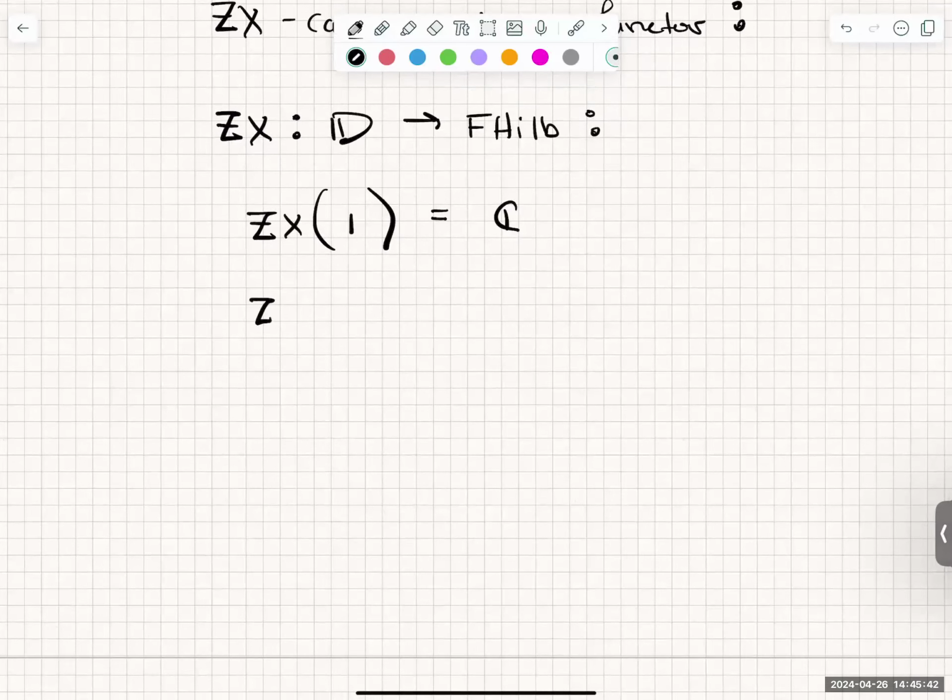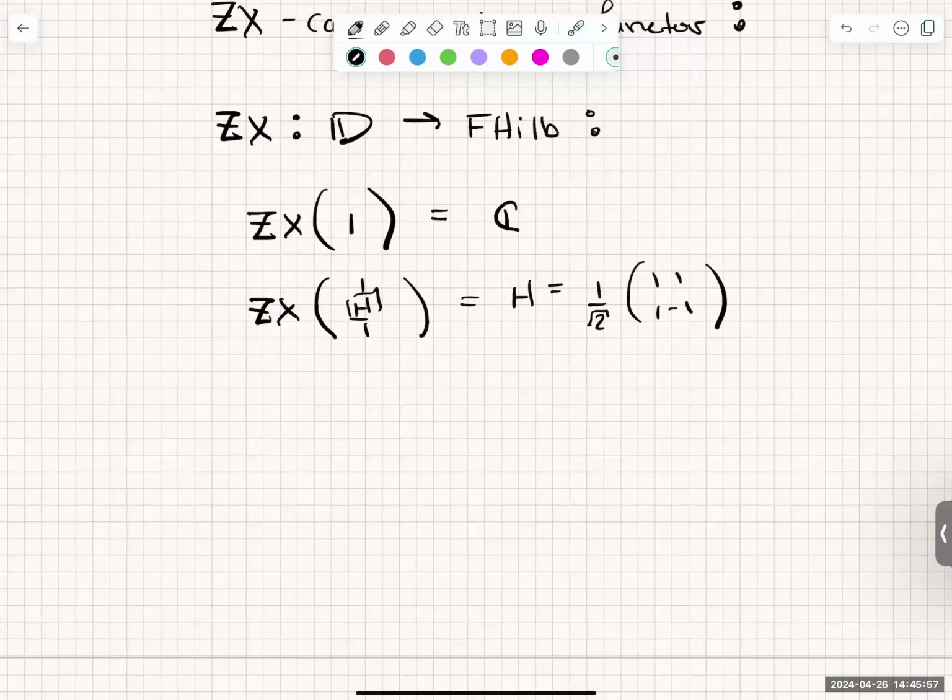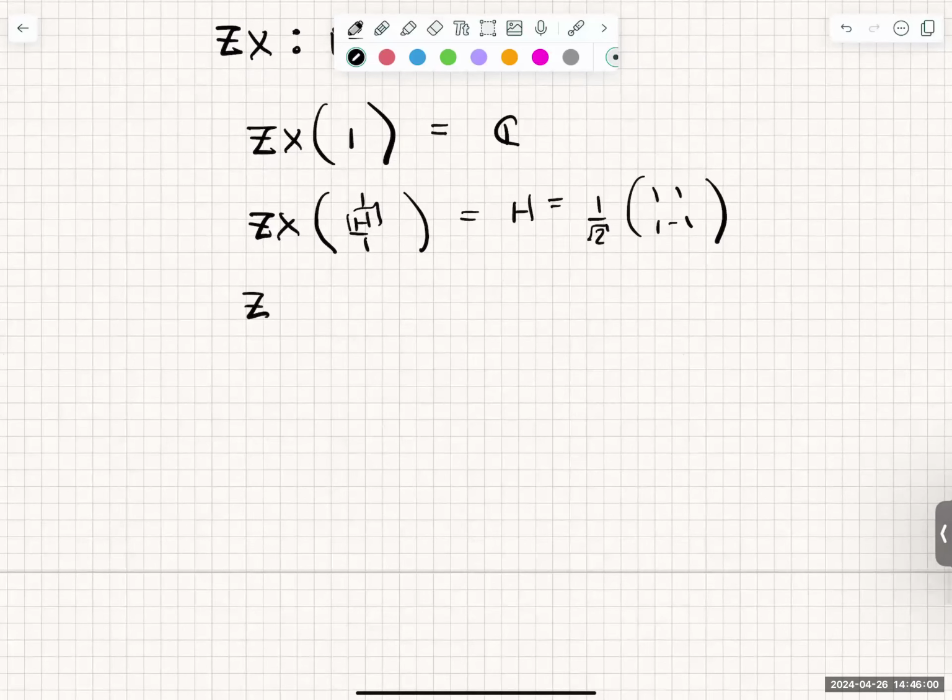Some other ones: the image of ZX on this H is precisely equal to the Hadamard H. We also have that ZX of alpha should be precisely equal to rotating about the z-axis of the Bloch sphere. So you have a unitary that looks like this, 1, 0, 0.